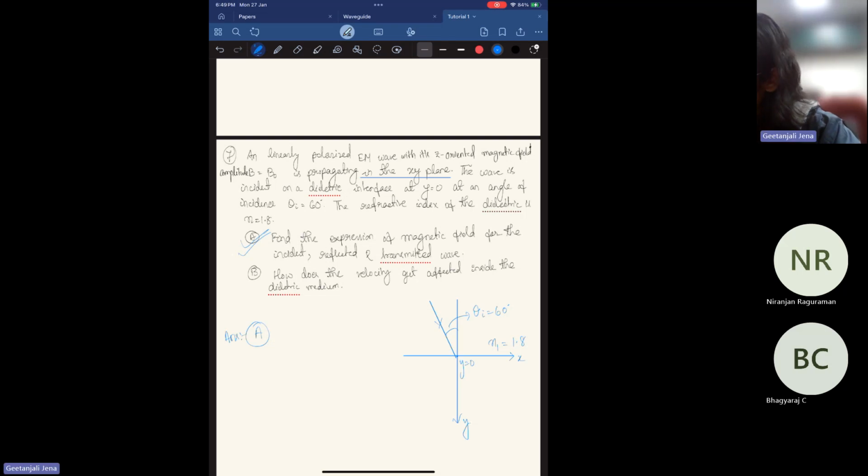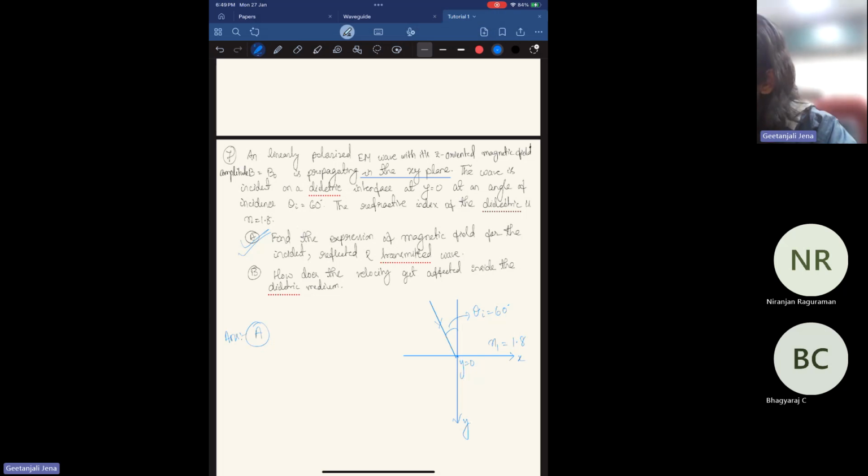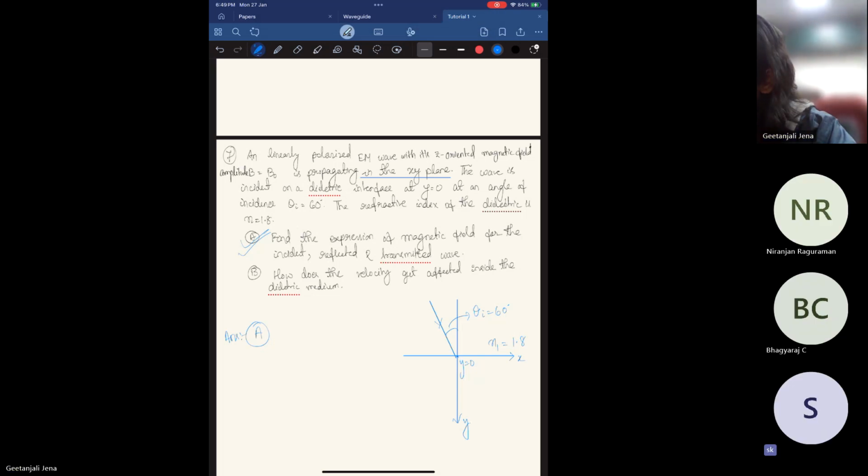So now when this ray, one minute, it will get refracted, right?